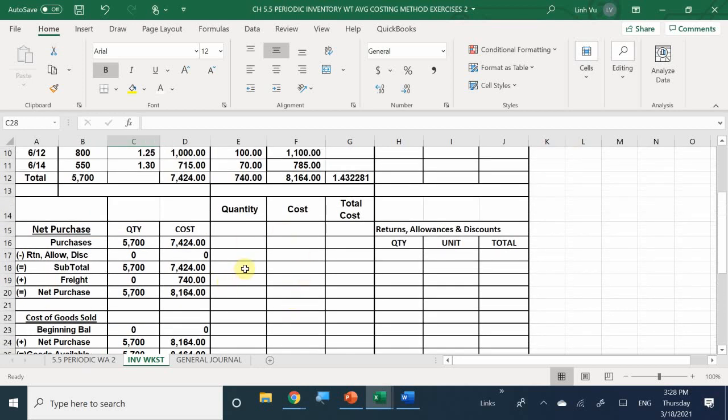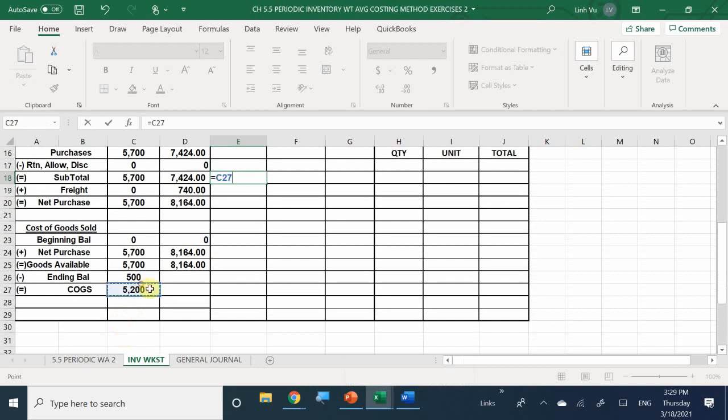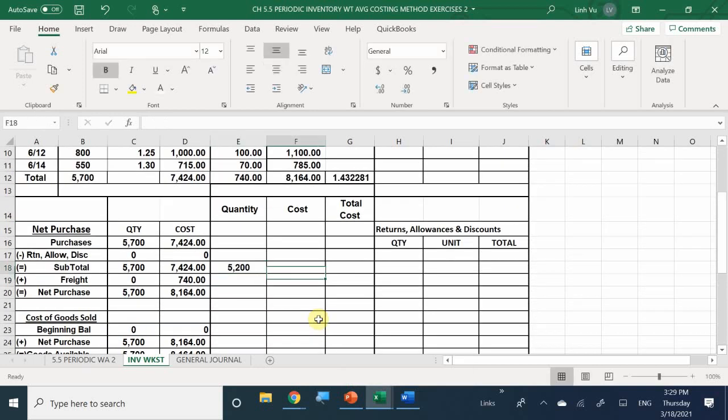So in this case, I'm going to go over here into my little workspace. So I have to sell a total of 5,200. Okay? And each one is going to cost me this average cost of 1.432281.